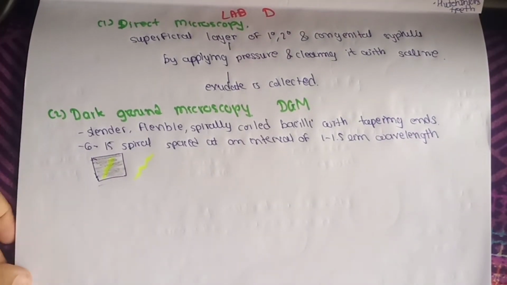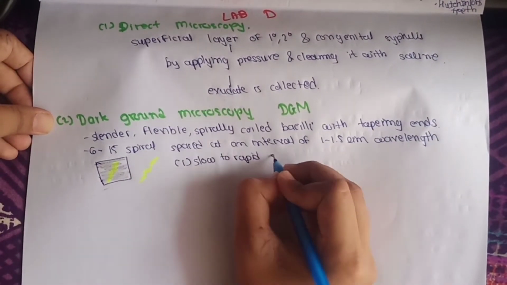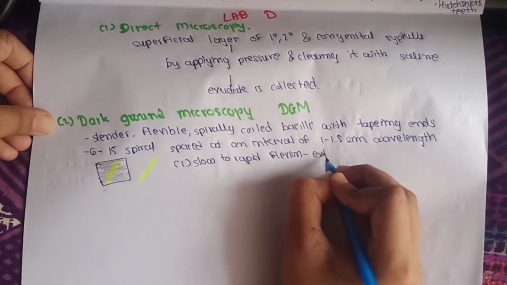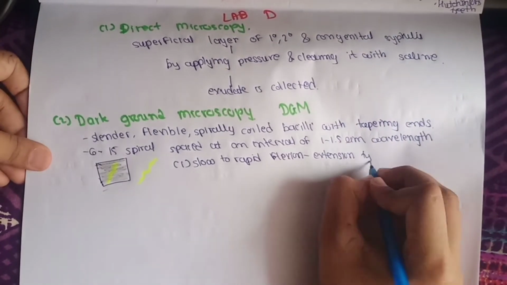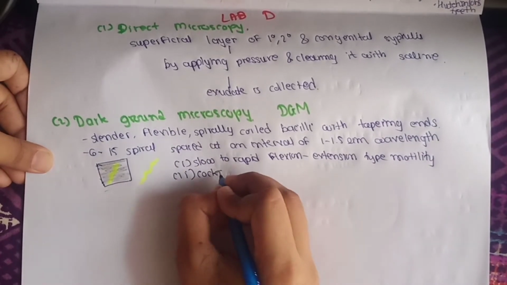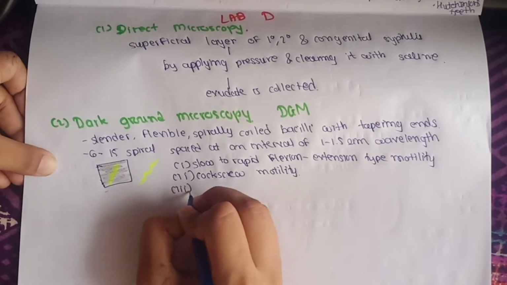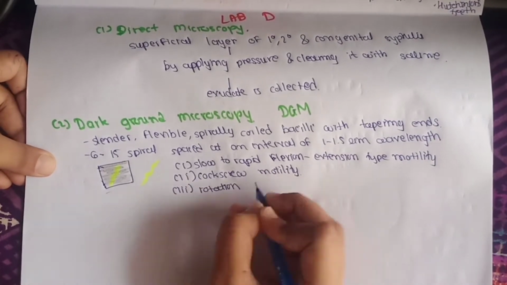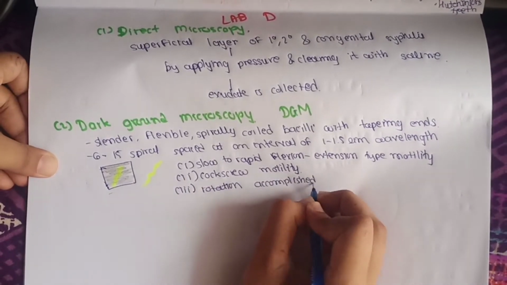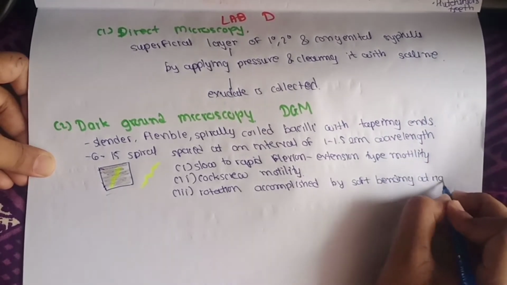I hope it's clear now. And it shows motility. It shows slow to rapid flexion extension type movement. It will also show the corkscrew motility. It means rotation around the longitudinal axis, and the rotation is accomplished by soft bending at right angle to the midpoint.